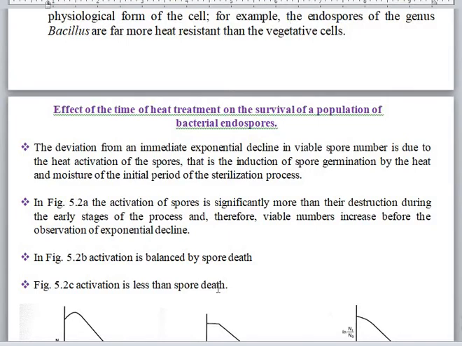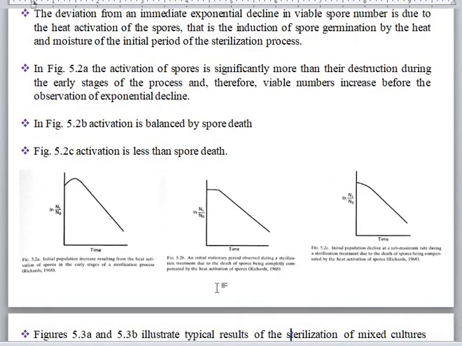Viable numbers increase before the exponential decline is observed. That is, destroying the spore is very difficult. Sometimes some spores of Bacillus or any other bacteria can remain in a fermentation medium, and that also has to be sterilized.